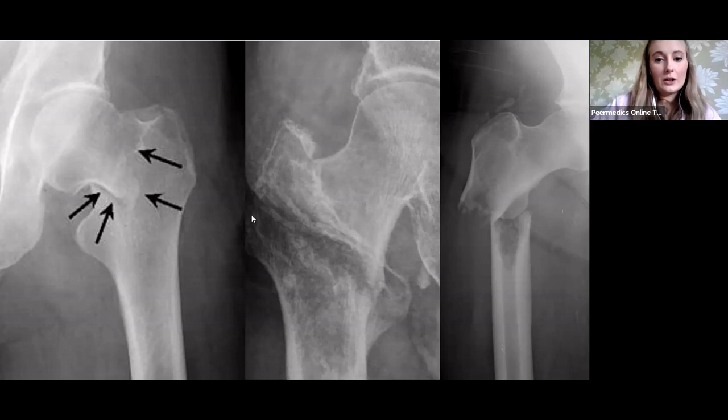And intertrochanteric is going along that line between your greater trochanter and your lesser trochanter, which you can see in the middle image there. And if it is a subtrochanteric, it's happening just at the top of the shaft of the femur, so to speak, but below the line of the trochanters, which you can see on the right there, sorry.